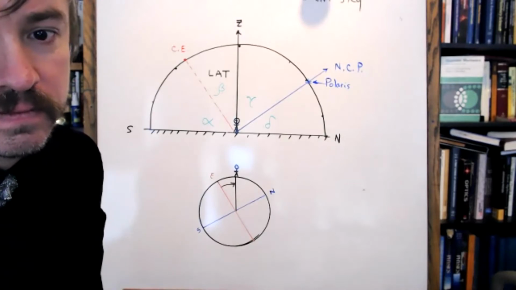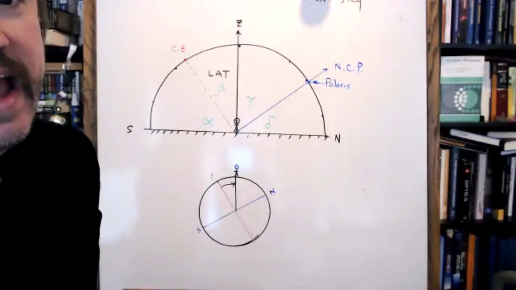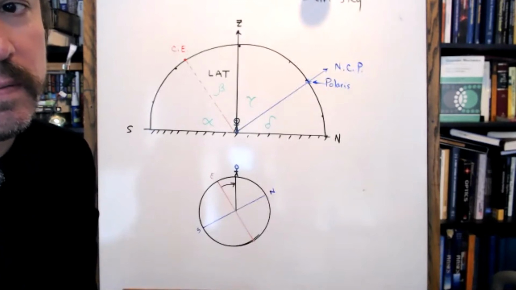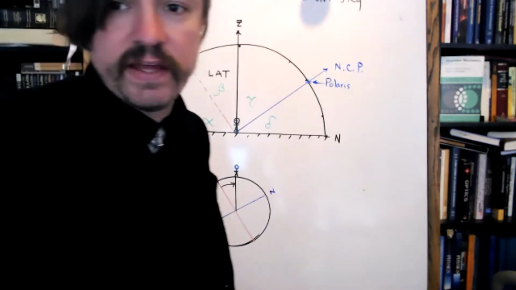Degrees above the nearest horizon. Okay, so Nick, take a guess. Which angle would represent the altitude of Polaris? I'm not sure. Okay. Anyone else think they know?